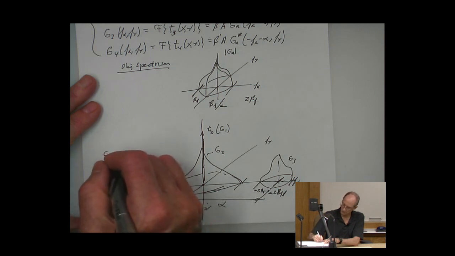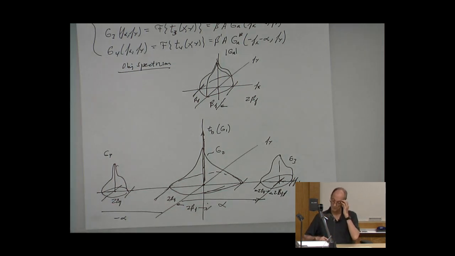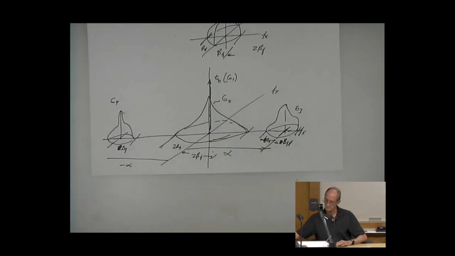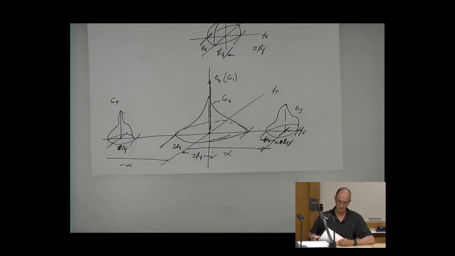So this is G4, also with BF as the range there. I'm sorry, not 2BF, this is BF. This is the only one with 2BF here, that autocorrelation. Anyway, it's just that shifted function.